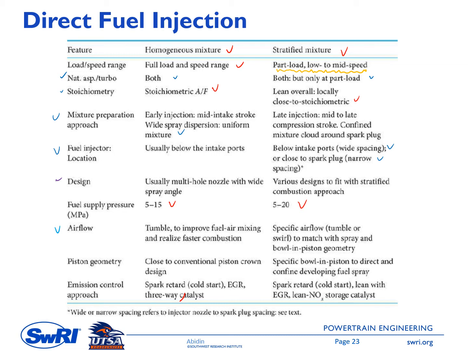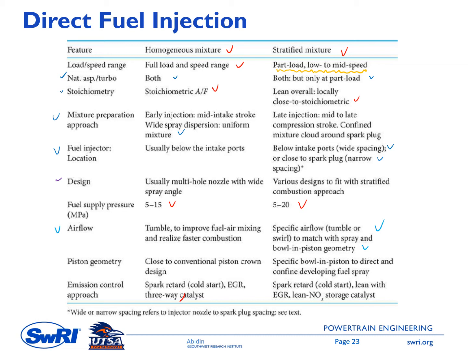The cylinder axis is usually the Z axis. For the stratified mixture, we can have a tumble flow or swirl flow to match the spray, combined with the bowl in piston geometry. Bowl in piston means we have a kind of bowl at the piston top surface.